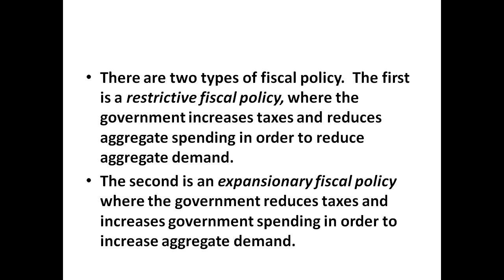All right, so according to demand-side economics, we have restrictive fiscal policy. We also have an expansionary fiscal policy where the government reduces taxes and increases government spending in order to increase aggregate demand.